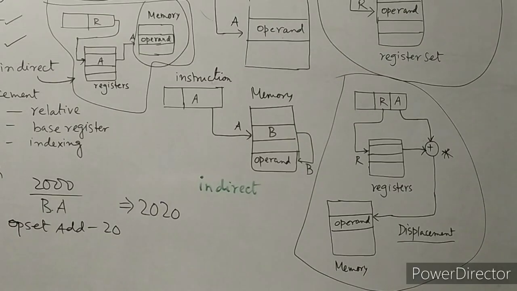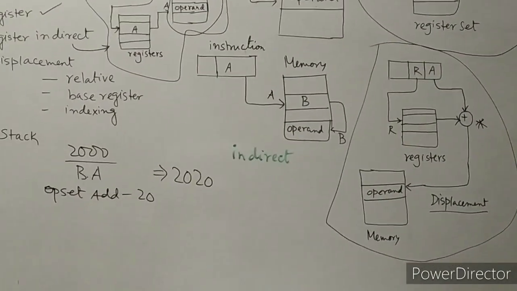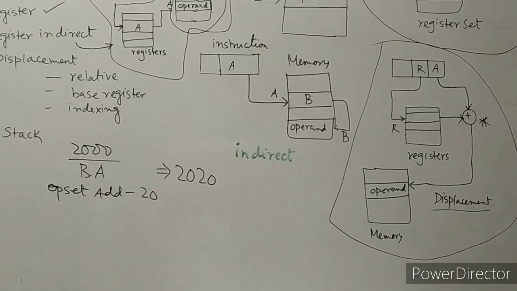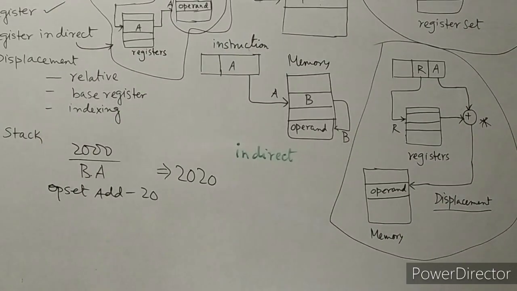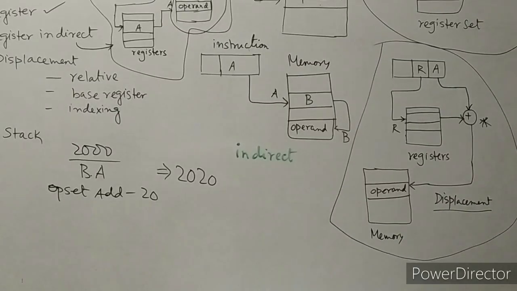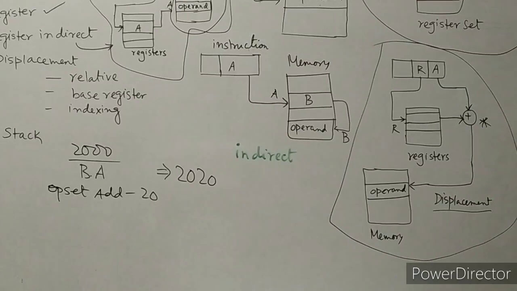Now the last type of addressing mode is the stack addressing mode. Let us suppose we have an instruction called add. Where does this add get its operands? It gets the operands from the topmost two locations of the stack. So it is known as stack addressing mode.